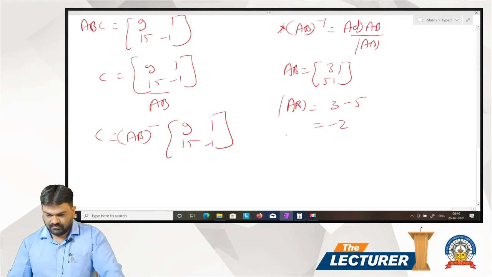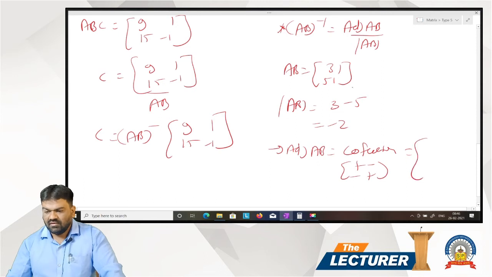Now adjoint of AB. Cofactor signs plus minus minus plus. Cofactor of 3 is 1, cofactor of 1 is minus 5, cofactor of 5 is minus 1, cofactor of 1 is 3.